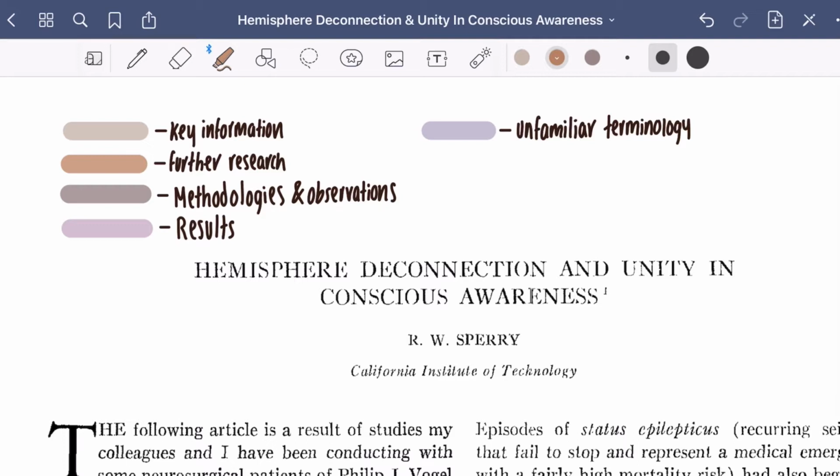So we have key information, further research, methodologies and observations, results and unfamiliar terminology. Your key can include absolutely anything because a lot of people will be reading papers for very, very different reasons. But for me, I need these ones.